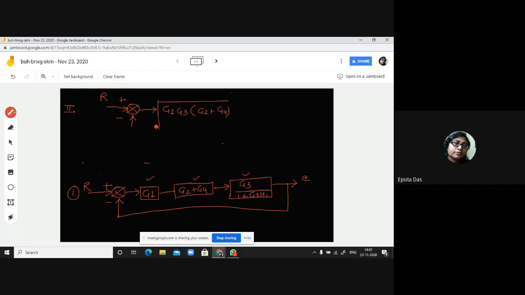And what is the denominator? The denominator is coming as 1 plus into H1. So this is the block. Understood. So this is now reduced to this form.